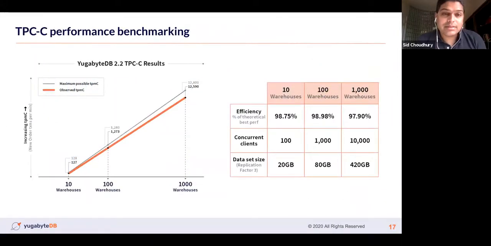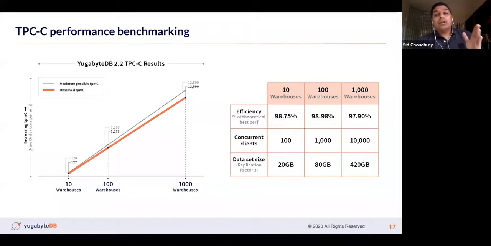Coming to performance, now that the 2.2 release is out of the door, I'm excited to share our TPC-C performance benchmark results. This release was a milestone release, because that's where we could get coverage on the language enough that we can run the entire TPC-C suite as determined by the spec.